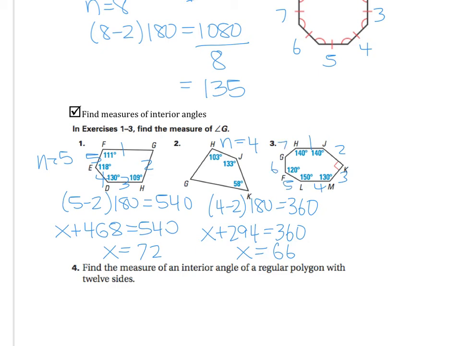Find your n. Find out how much all of them add up to. Add up what you have. Don't forget the 90-degree angle. Must equal what all of them equal. Subtract.